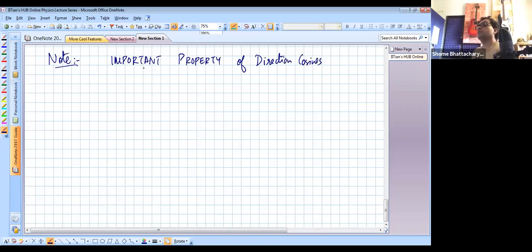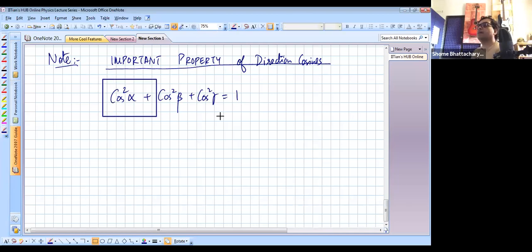That important property is that cos square alpha plus cos square beta plus cos square gamma has to be unity.